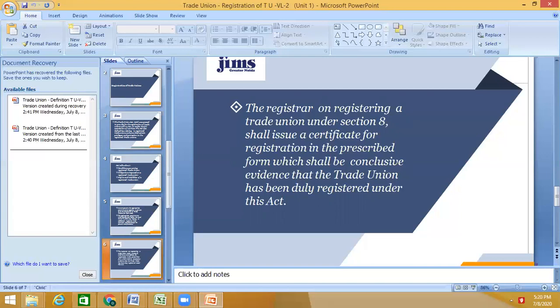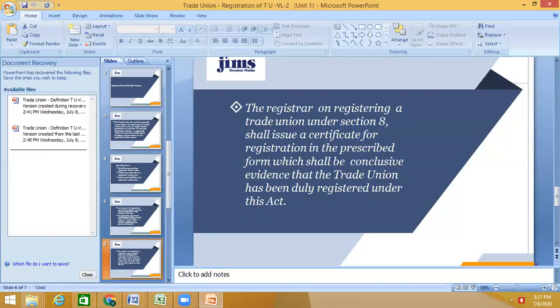Means you are going for the registration of a trade union, you have to make sure that the executive is constituted in accordance with the provisions of the act, and the matters which we are going to discuss now, you have to comply with all those matters.